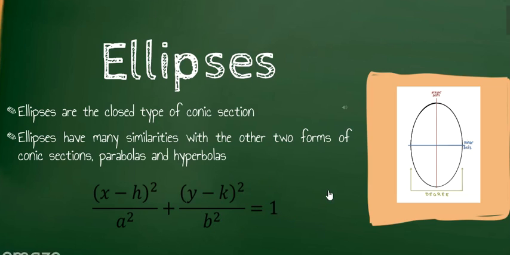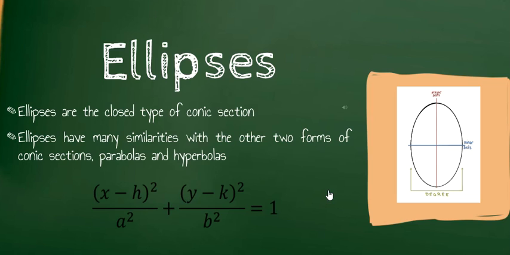Ellipses have many similarities with the other two forms of conic section, parabolas and hyperbolas, both of which are open and unbounded. An angled cross section of a cylinder is also an ellipse.